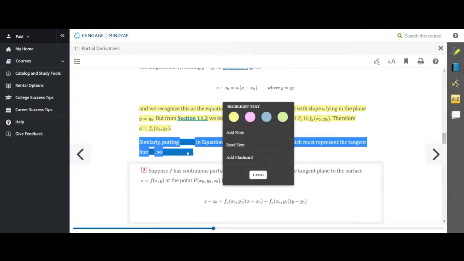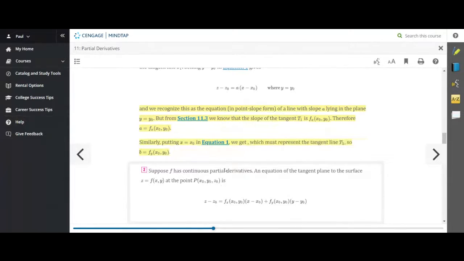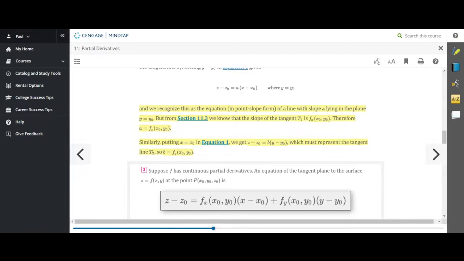It will be determined that B equals the partial derivative of f with respect to y at x sub 0, y sub 0. And therefore, you get the result below. That proves this result.